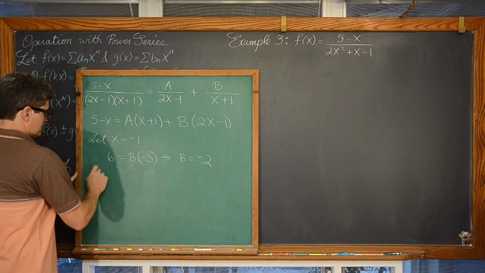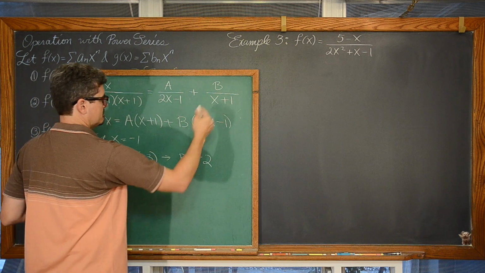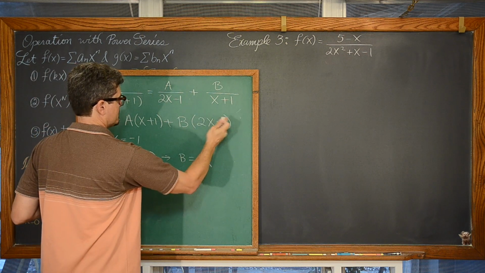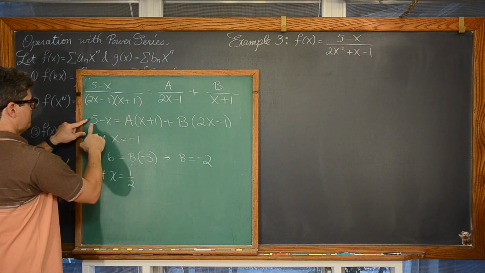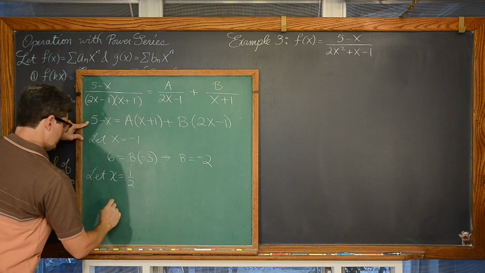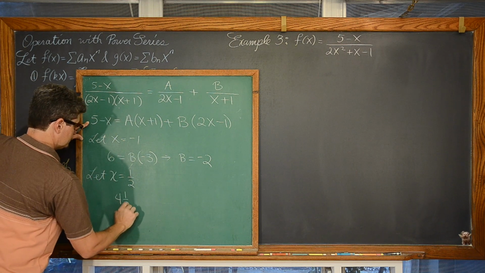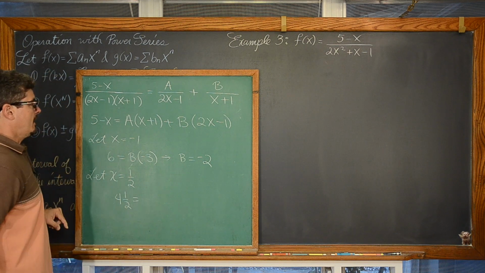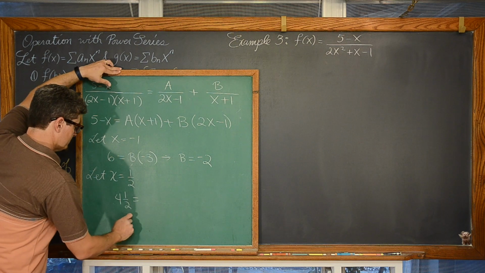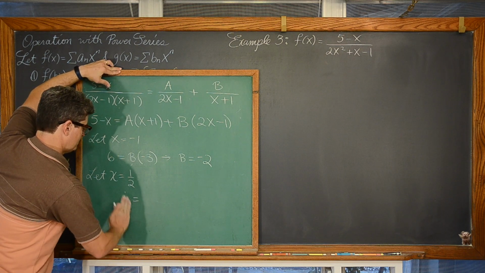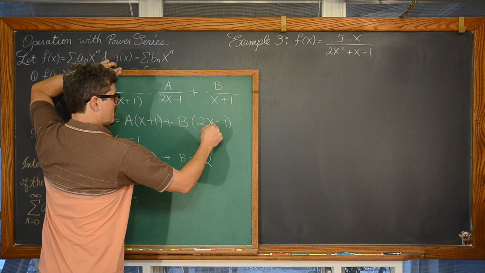If we let x equal, well, this needs to be 0, so that needs to be a 1 minus 1 is 0, so we're going to let x be 1/2. We're going to have 5 minus 1/2, which is going to be 4.5, or 9 over 2. 2 times 1/2 is 1, minus 1 is 0.